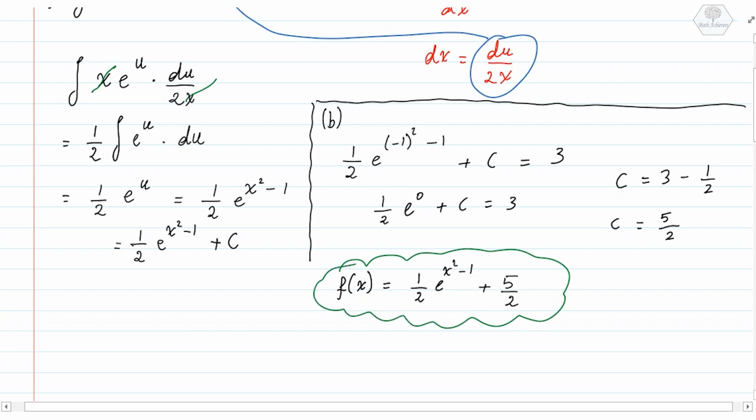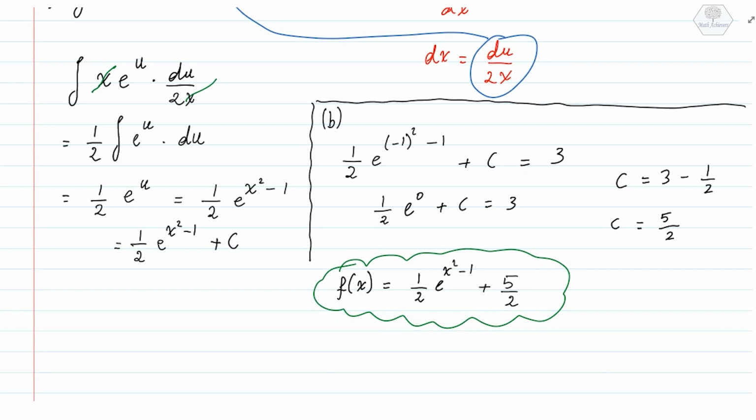I hope it's clear what we've explained in this lesson. I hope you got the links between the derivative and the antiderivative, the integrals of certain functions, the meaning of the antiderivative or the integration, which is finding the area under a curve.